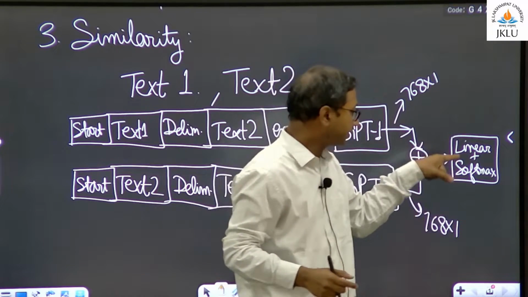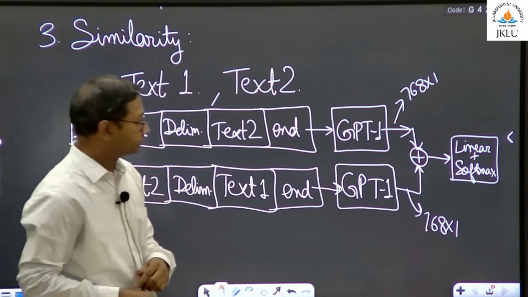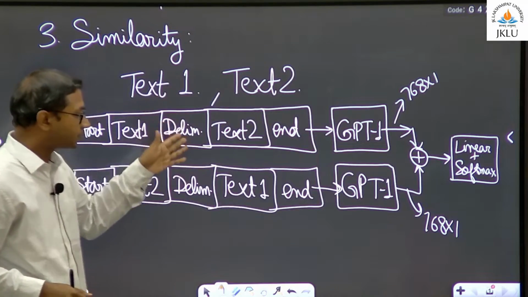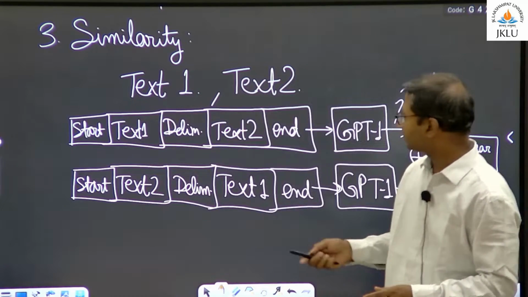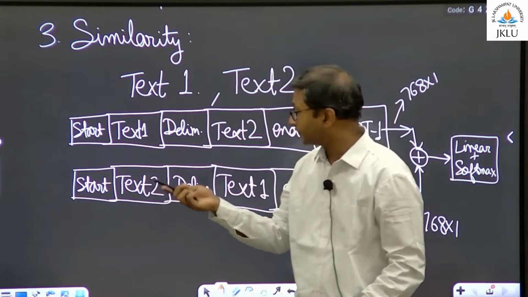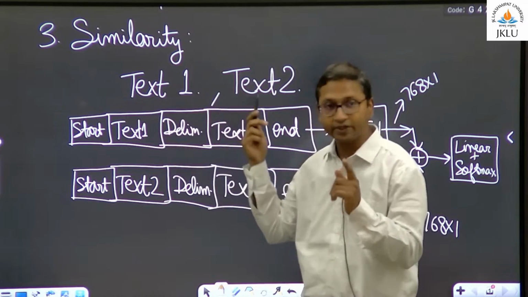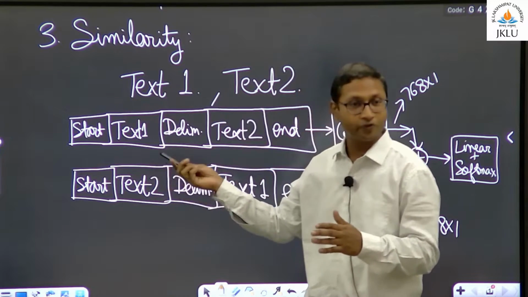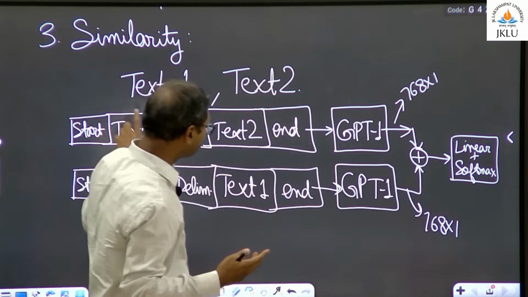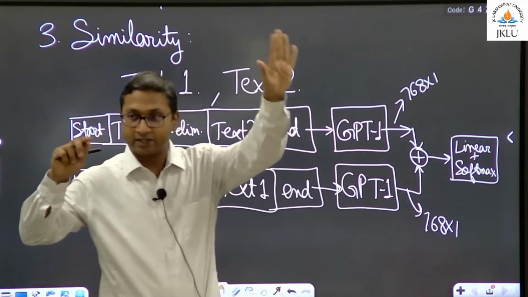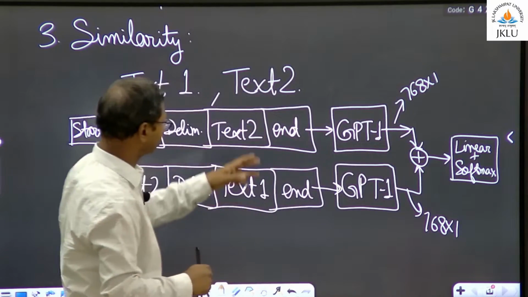Whatever comes, feed that to this binary classifier. So why do you think they might be doing this? See, they say in the paper that it does not really matter whether you are computing the similarity of text 1 with text 2 or text 2 with text 1. The ordering does not matter here. So that's why they want to capture this, that whether text 1 comes before or text 2 comes before it does not really matter. Okay?